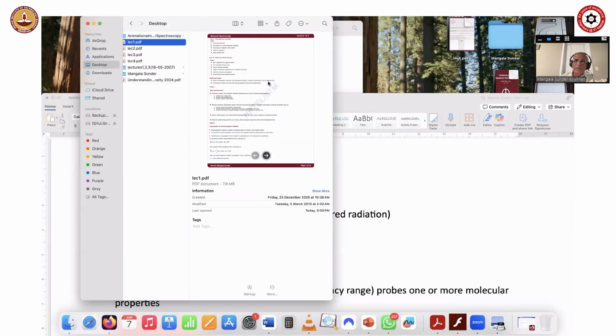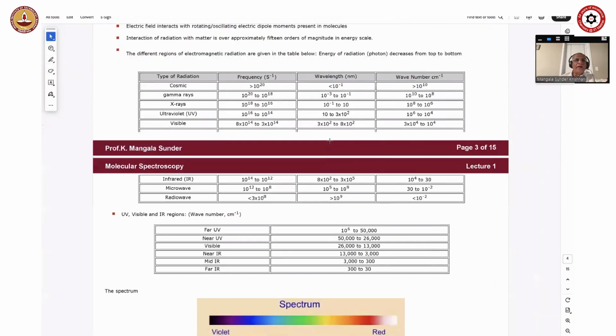Sorry, just a second. Yeah, cosmic radiation. See, very, very high frequency. And you know, frequency and wavelength are inversely proportional to each other. So if it is a very high frequency, then it is a very short wavelength.